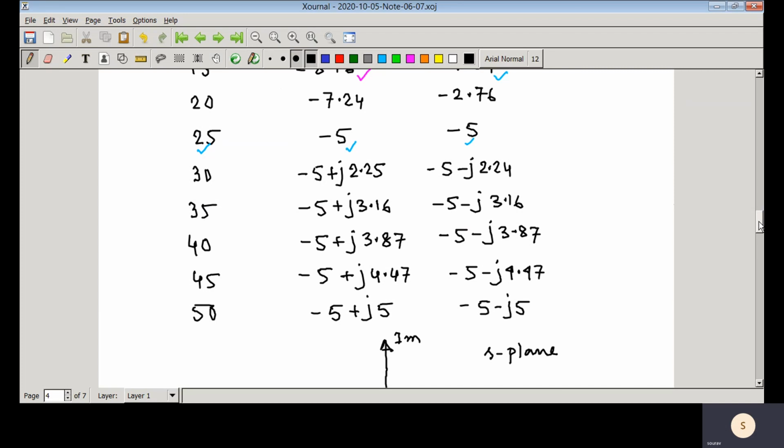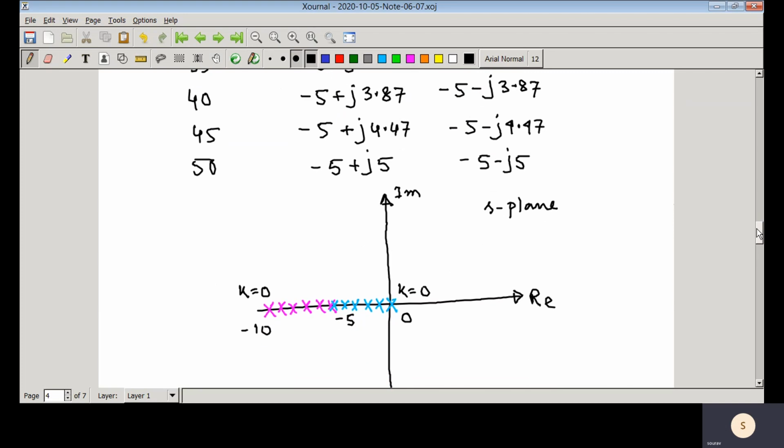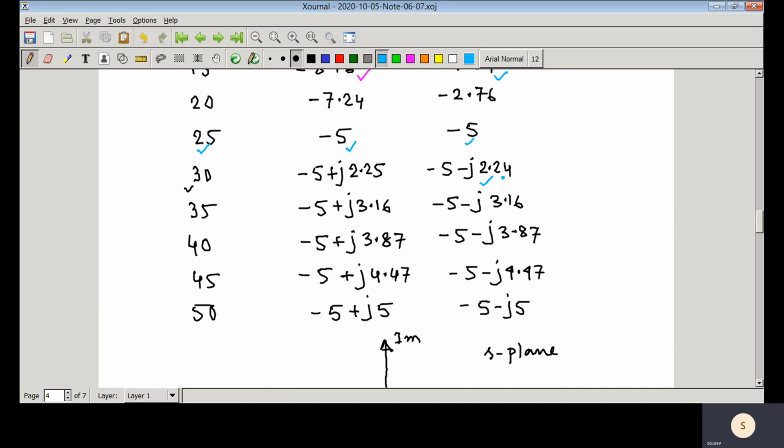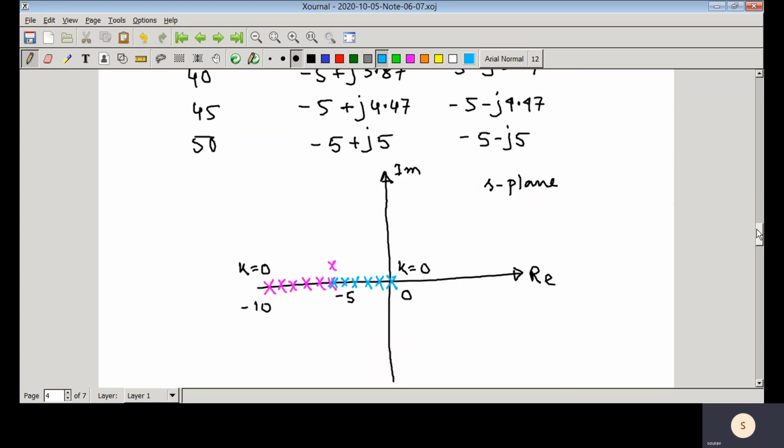Whenever you increase the value to 30, we can see that one pole, pole 1, is minus 5 plus j 2.25. That means pole 1 is going along this direction, and pole 2 is minus 5 minus j 2.24. That means it is going along that direction.